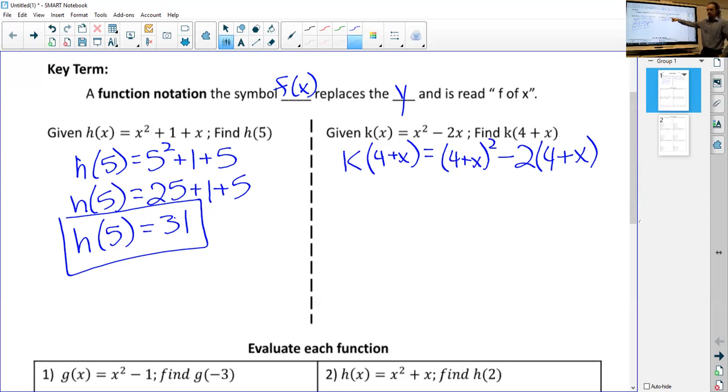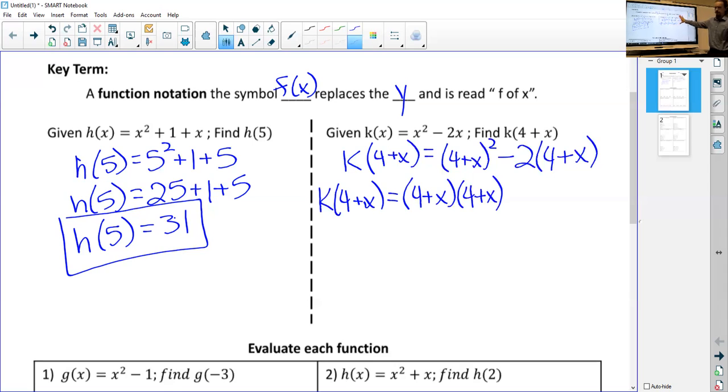Anytime we had an x in our original function, we just replaced it with 4 plus x. All right, so we do the actual math part. We would need to do FOIL here. So 4 plus x squared, we can rewrite as 4 plus x times 4 plus x.